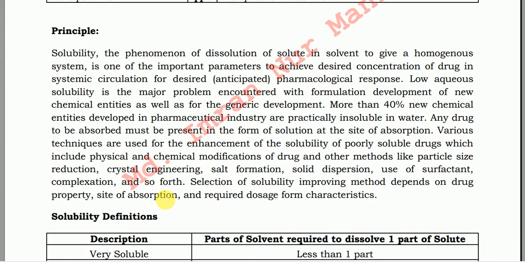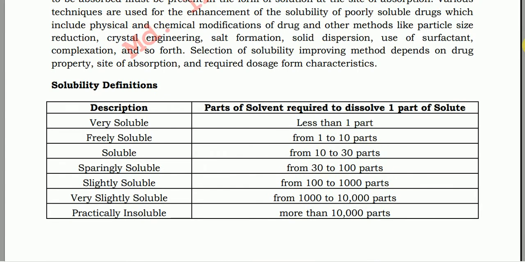Then according to that, there will be the method for increasing the solubility of the drug and the required dosage form characteristics. So this is the principle of our labs, and there is a chart that defines the solubility.